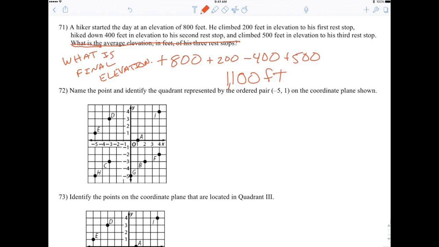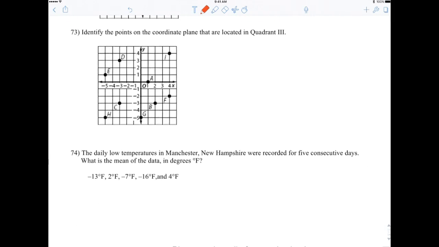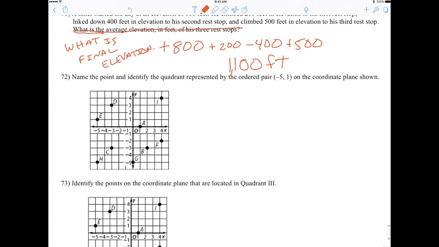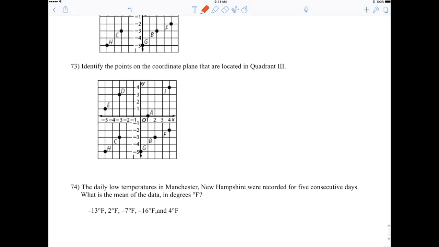All right, now let's take a look at 73. Now for 73, identify the points in the coordinate plane which are located in quadrant 3.